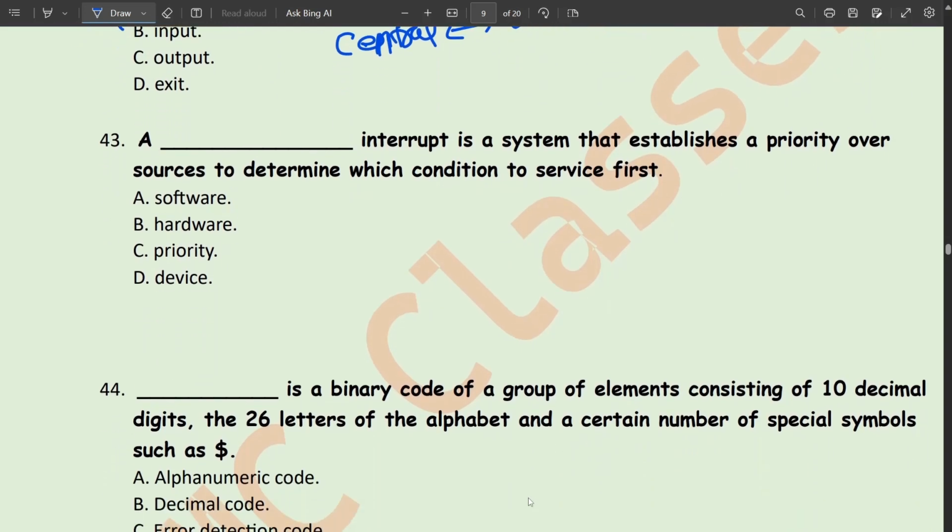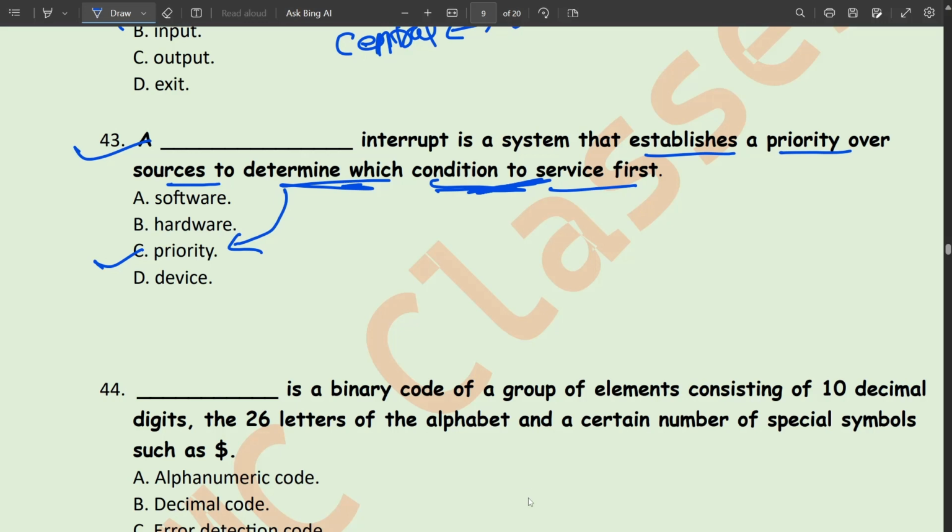Next, an interrupt is a system that establishes a priority over sources to determine which condition to service first. Which condition to service first? So determine. The answer will be priority. Option number C is correct. Priority determines which condition to serve first.